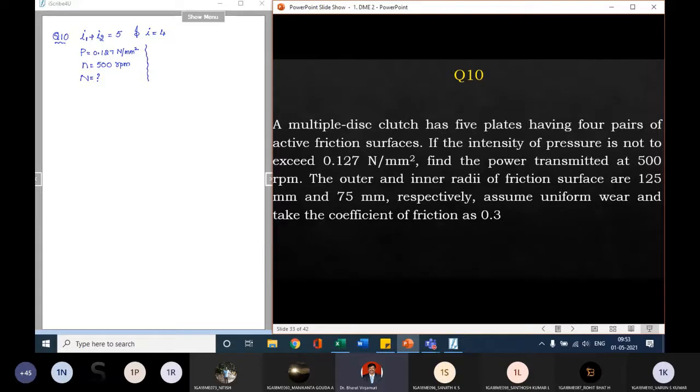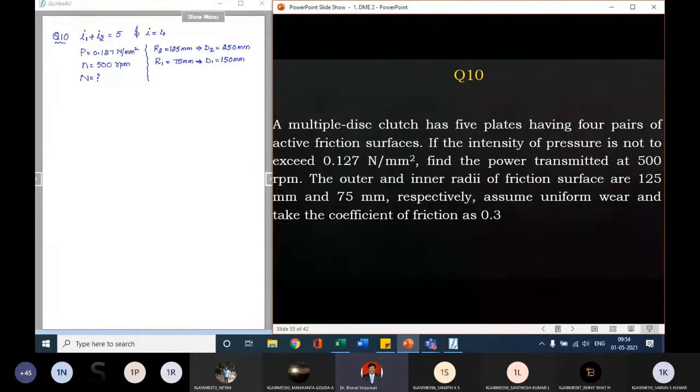The outer radius R2 he has given us is 125 mm, which clearly says D2 is equal to 250 mm. And R1 is equal to 75 mm, which says D1 is equal to 150 mm.